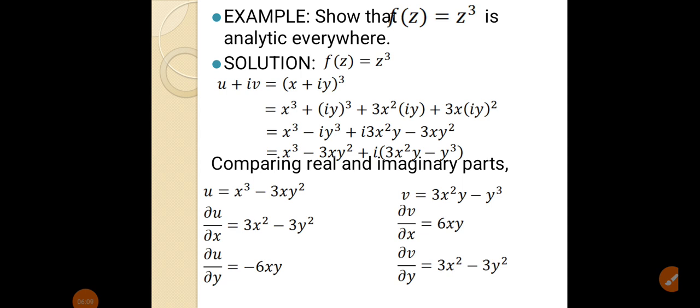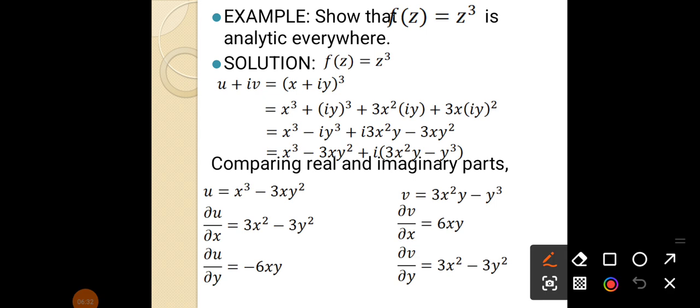We know that a complex function f of z is equal to u plus iv, and a complex number z is equal to x plus i y. Then we put f of z is equal to u plus iv and z cube is equal to x plus i y cube here.